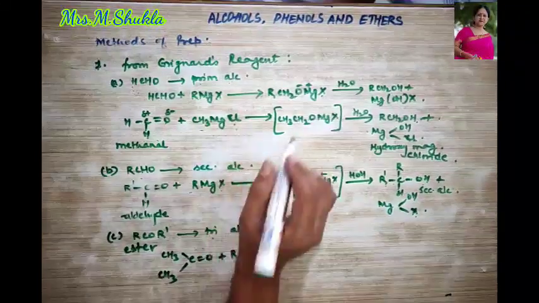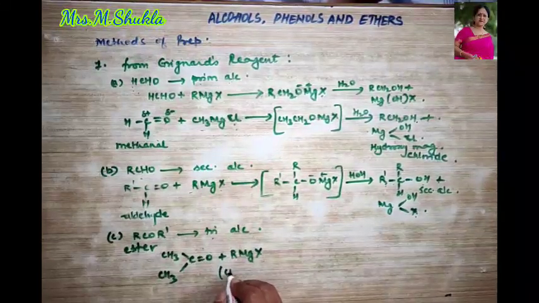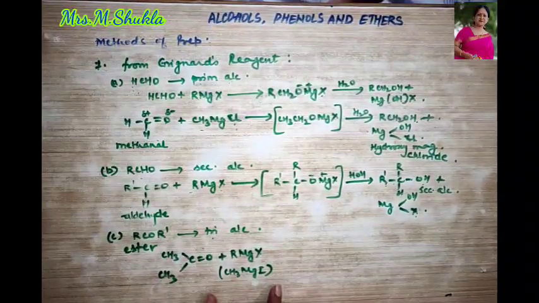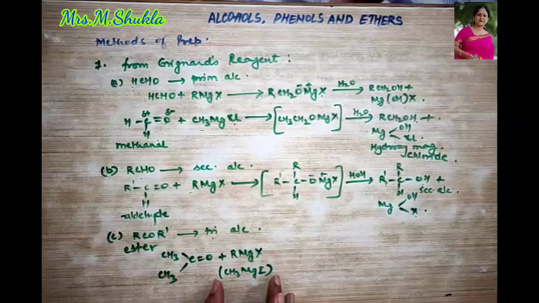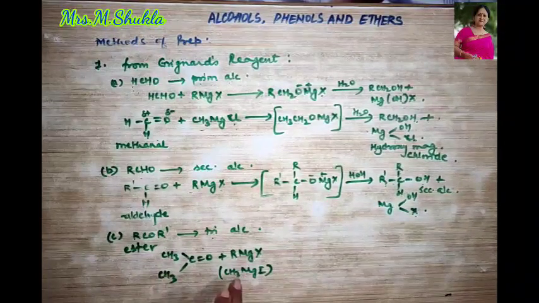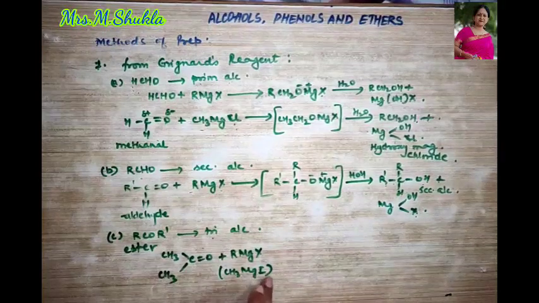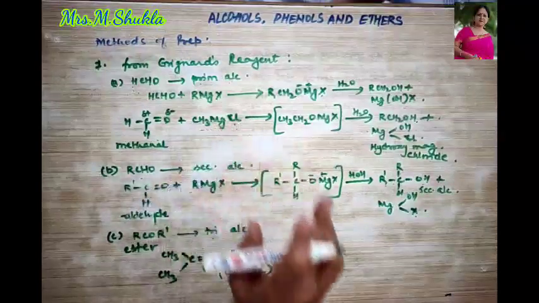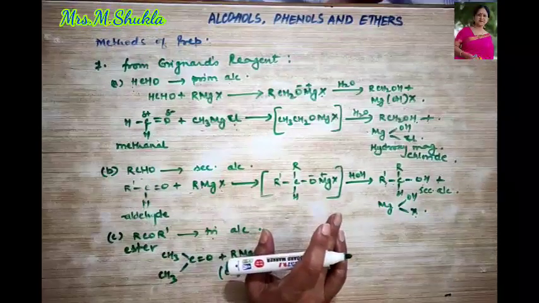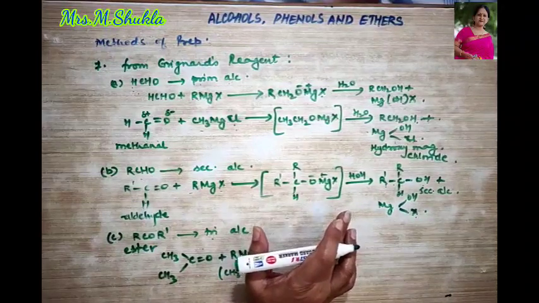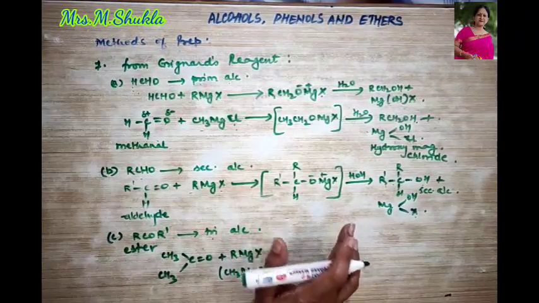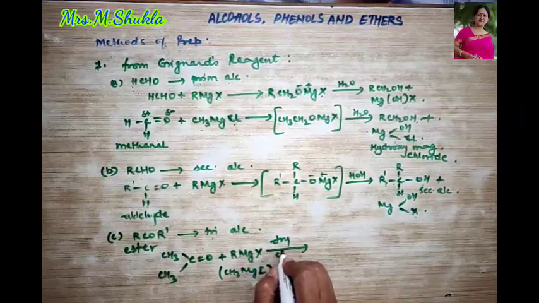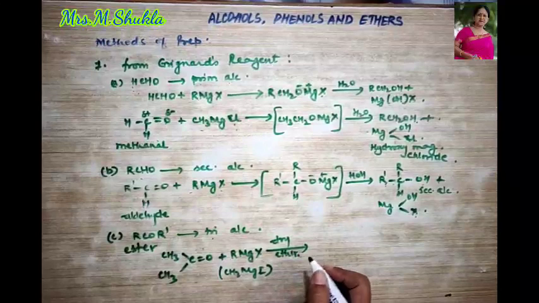It could also be CH3MgI or CH3MgBr. All these are your Grignard's reagents. What is the name given to it? Methyl magnesium iodide, methyl magnesium chloride, methyl magnesium bromide. These are all your Grignard's reagents.